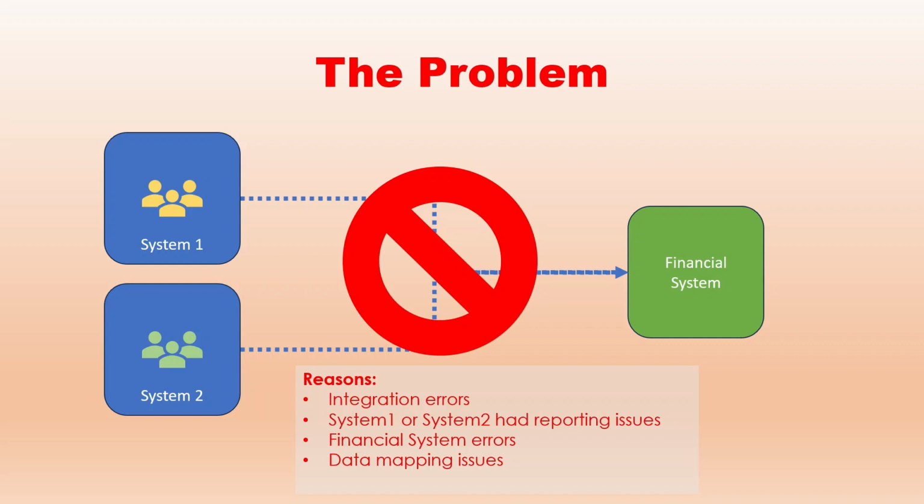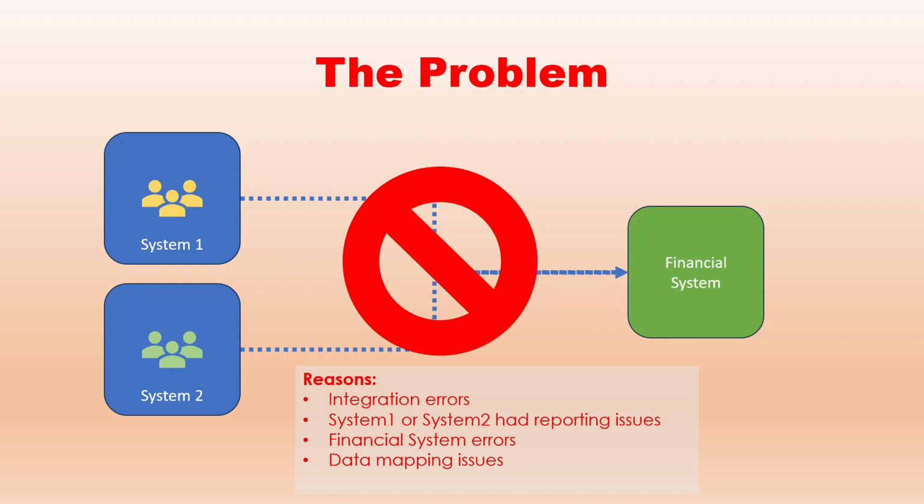First reason could be the integration error. It could be that the data does not arrive fully at the financial system. So the financial system processes only the data that is actually received. It is possible that some data is either corrupted or never reached our financial system.